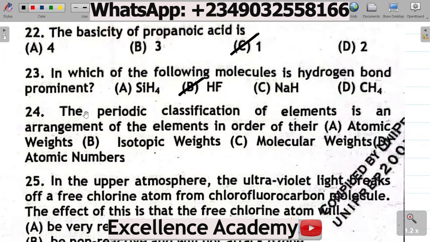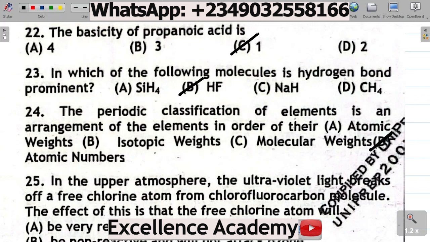Next up, question number 24. 24 says the periodic classification of elements is an arrangement of the elements in order of their A, atomic weights, B, isotopic weights, C, molecular weights, D, atomic weights. For question number 24, the correct answer is D, which is atomic weight. So atomic weight D is the correct answer.